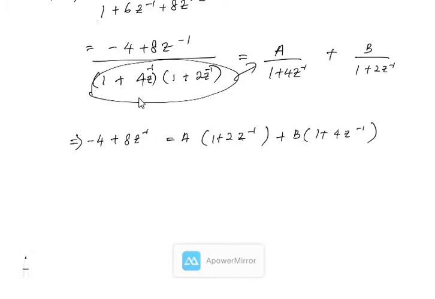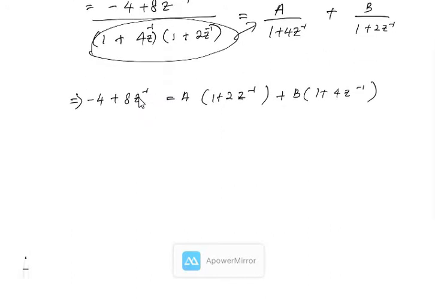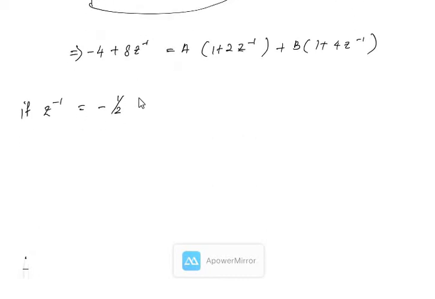So now I want to assume the Z inverse value. So if I assume the Z inverse is equal to negative half, okay, so I substitute the Z inverse to negative 0.5. So negative 4 plus 8, negative half equal to B. So this one, when I substitute the Z inverse equal to negative 0.5, I will get 0 here.